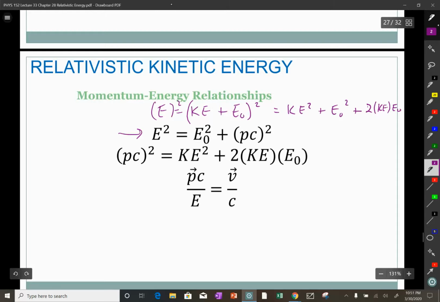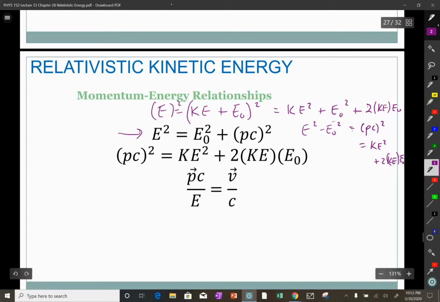And so if I compare the equation I just did in purple with the equation below, then if I subtract E0 squared from both sides, I would have E squared minus E0 squared equals (pc) quantity squared, which must equal kinetic energy squared plus 2 kinetic energy times E0.